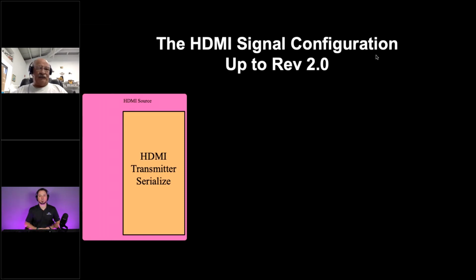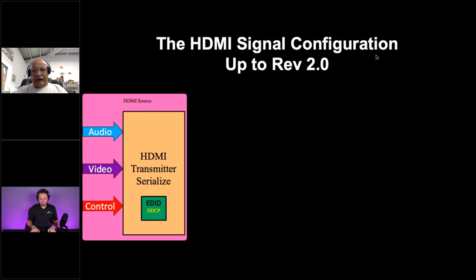Let's say it's an Apple TV. What it does is it takes the actual video, which is generated more on a parallel base rather than a serial base, and serializes the information so we can get it down the HDMI wire. All the data is being streamed down that wire, one after another, after another. That's what serialization is all about.